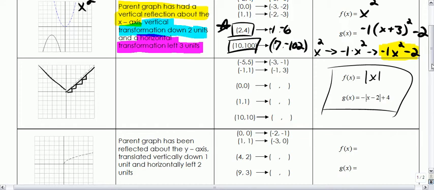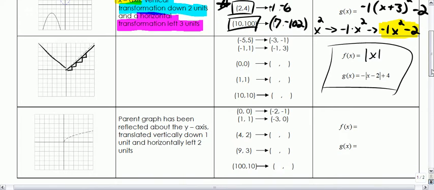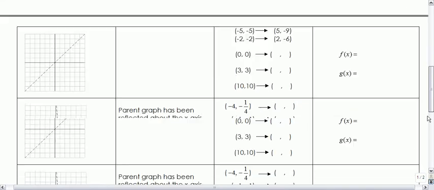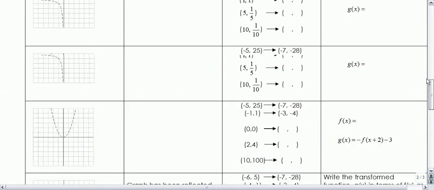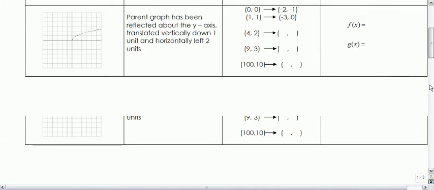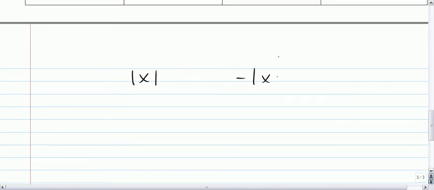So absolute value of x and negative absolute value of x minus 2 plus 4. So I'm trying to move from absolute value of x over to here.